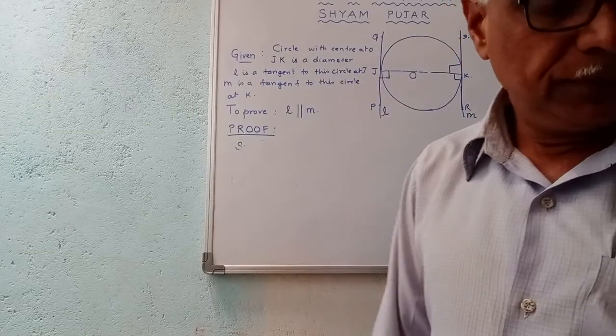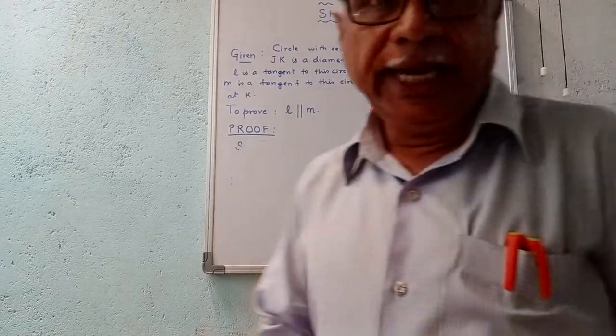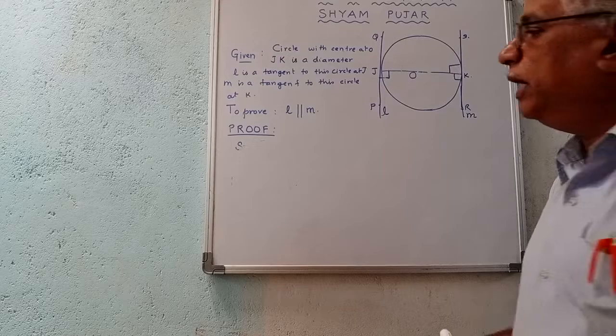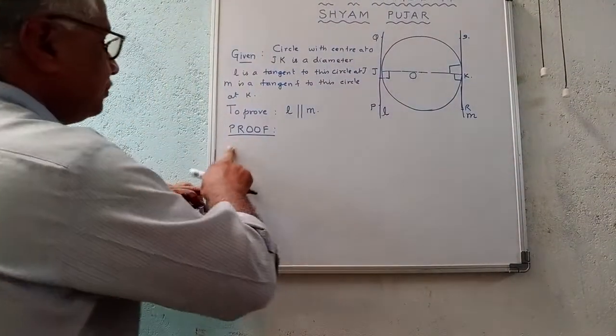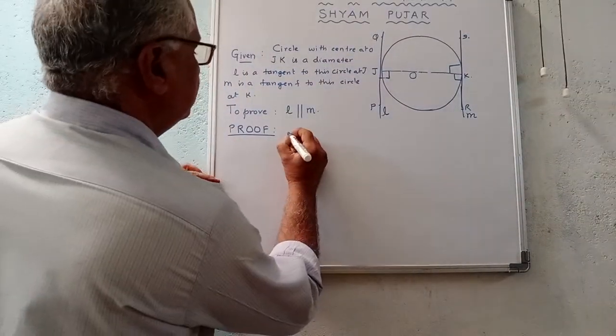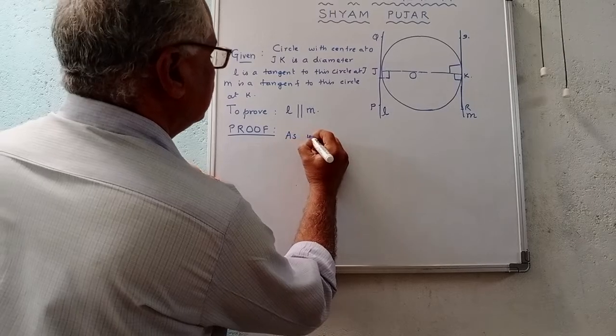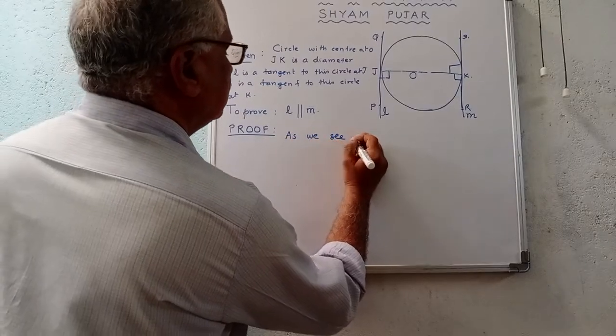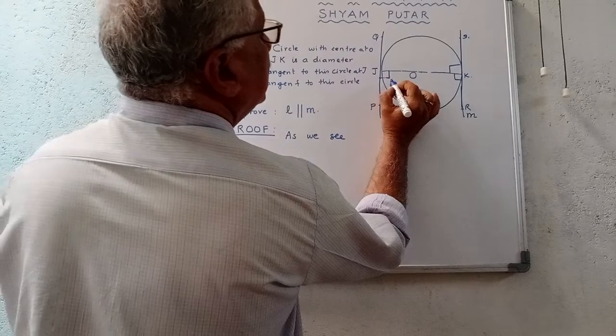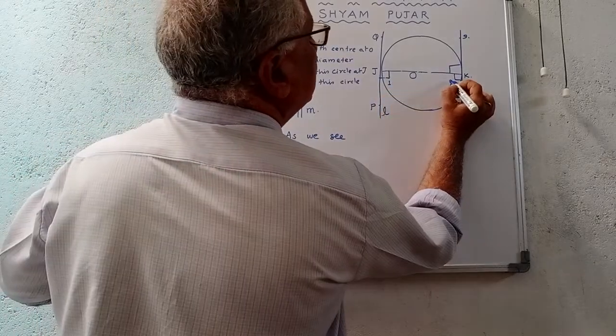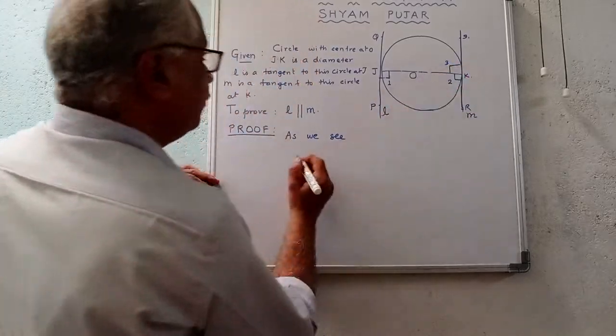Hence, we can say that the two lines are parallel. Let this angle be 1, 2 and 3.